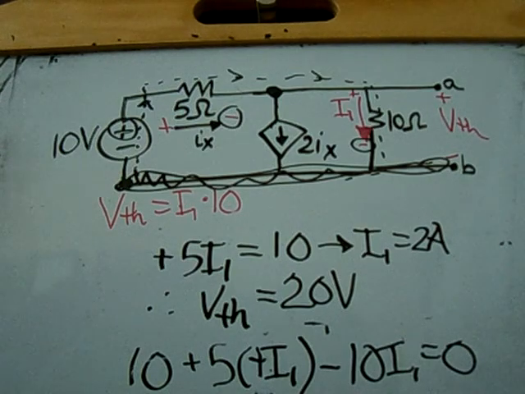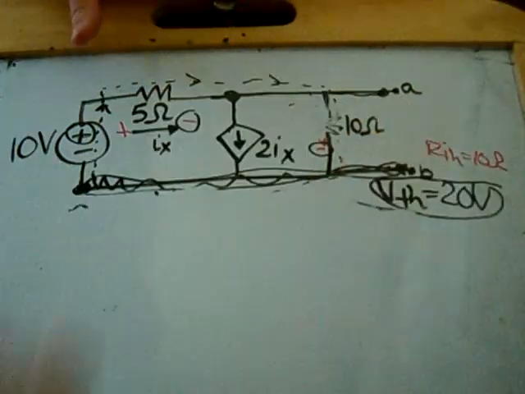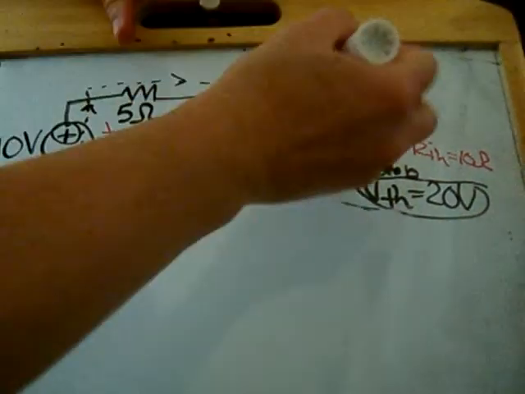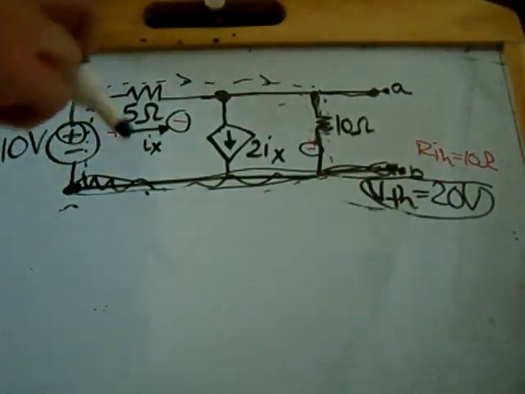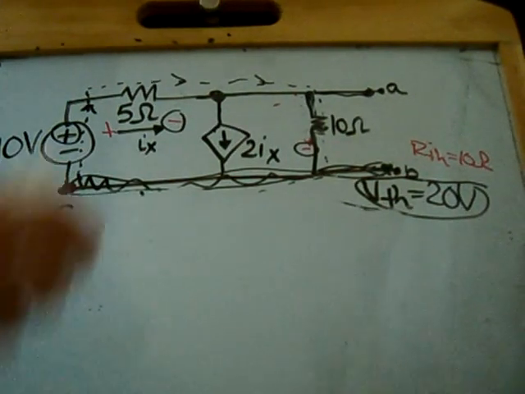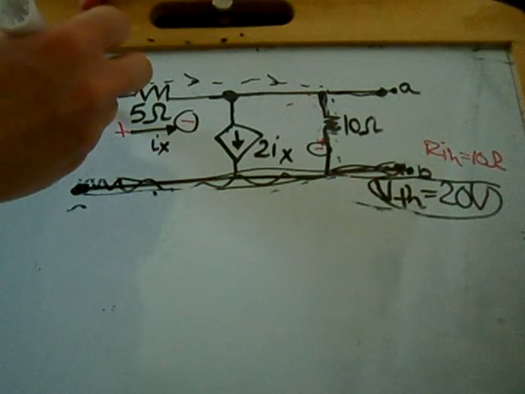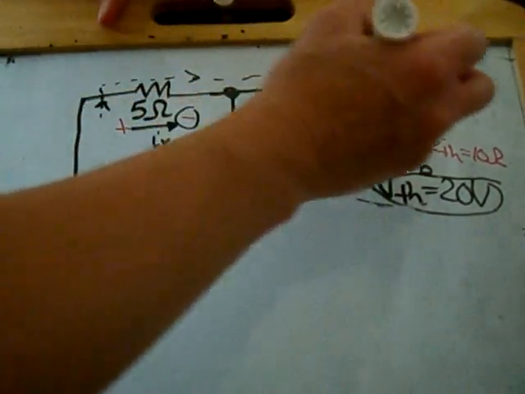The next step after finding VTH is to find RTH. And the second method is to put on a test source. When you place on a test source, you have to short or put to 0 the independent sources, which would be this 10 volts would go to 0.